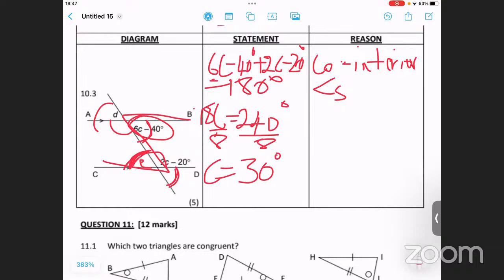Ma'am, I've got one more way in which we can do this. Okay, how are we gonna do it? Ma'am, do you see that 2C minus 20 degrees is equal to 40, right? We can see that one's vertically opposite to C. Do you see the line CD and the intersection over there?